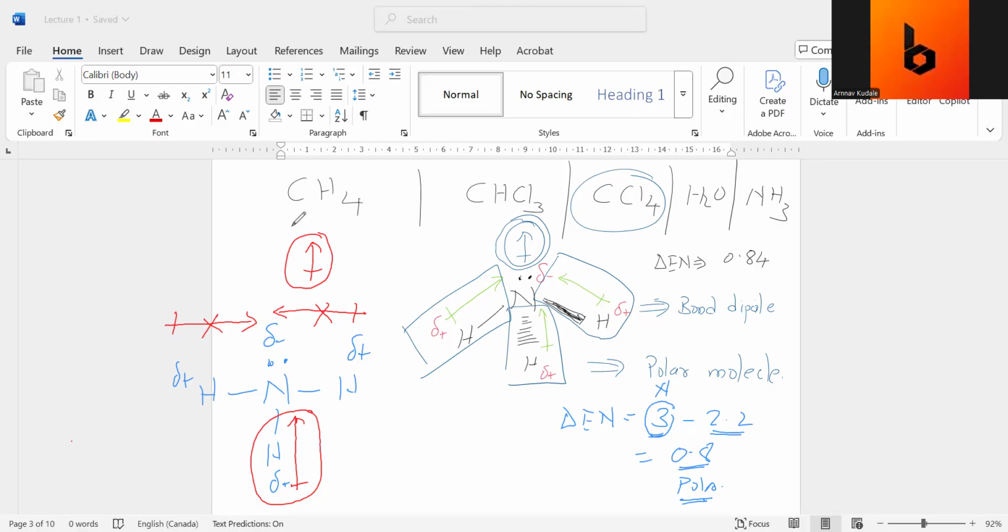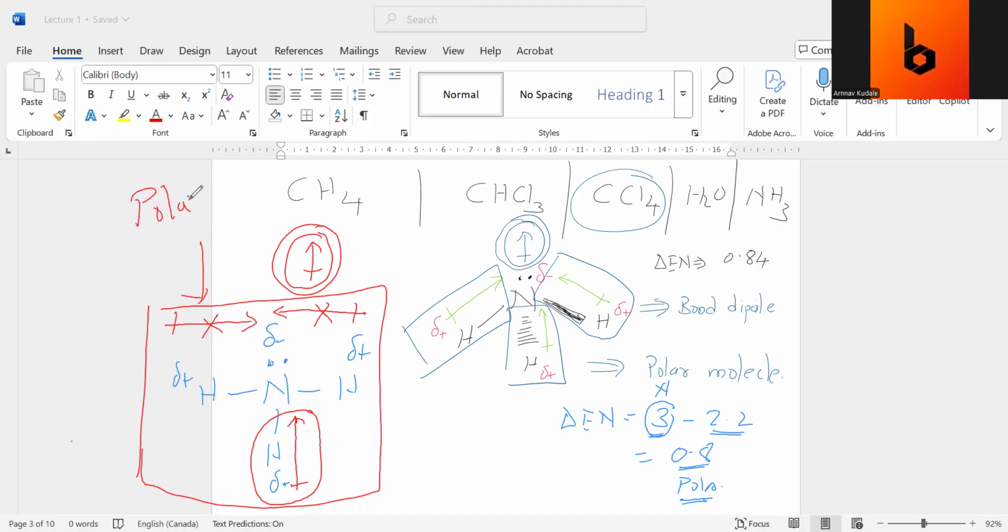This resultant dipole moment is applicable to the entire molecule. And because there is a resultant, this molecule becomes polar covalent.